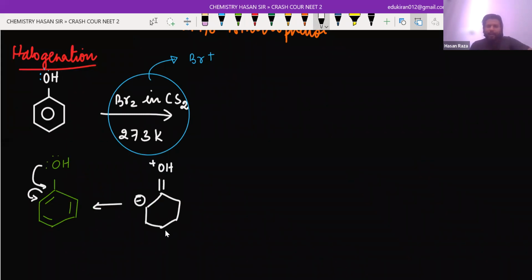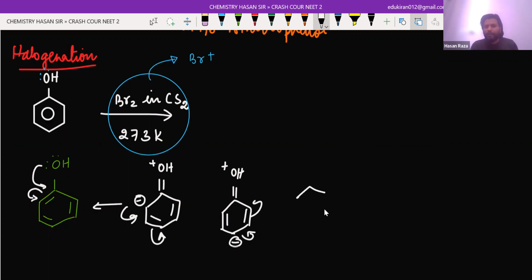And after that, I'm not going to write all the resonating structures, but if you do the next, you can see the negative charge moves to this. This is your para position. After that, the negative charge shifts again to the ortho position with respect to this.